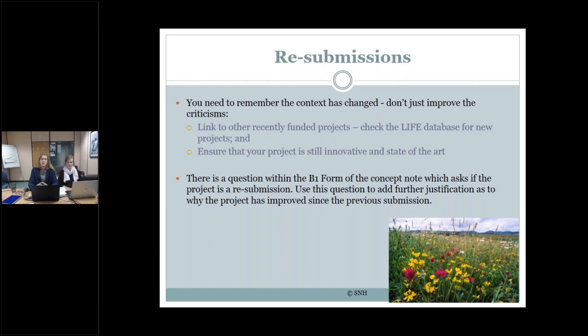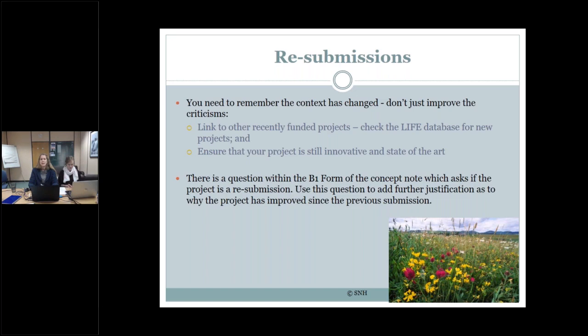So if you're considering resubmitting a 2018 project, the Commission has advised that you should submit it even if you have not yet received your final results from the 2018 submission.